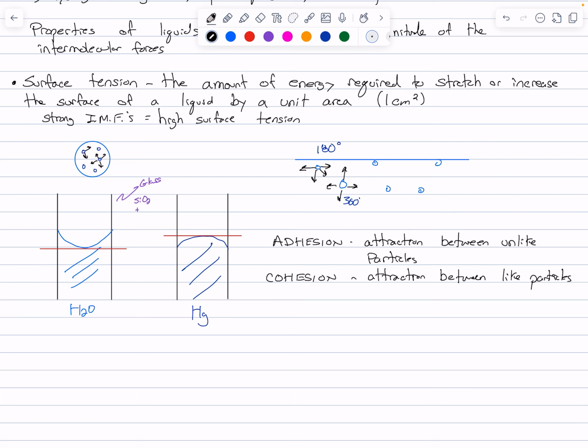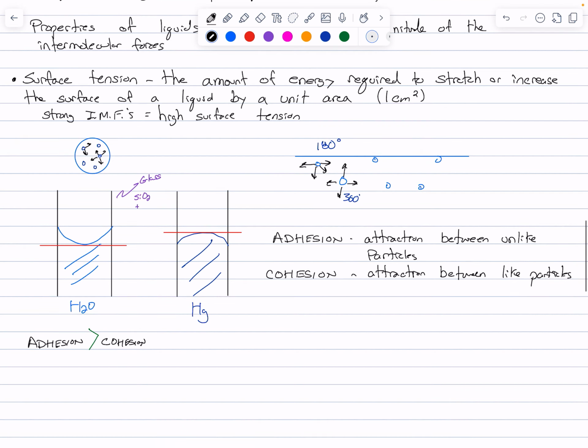So in here, adhesion is greater than the cohesion. The cohesion is the water liking itself. Well, water likes the other oxygens on the right, and so water will stick to the glass.